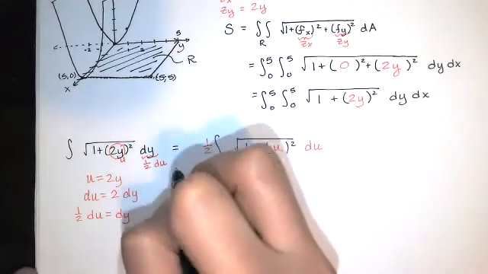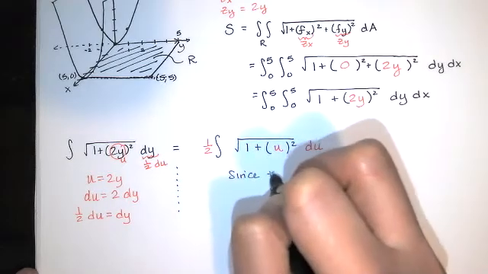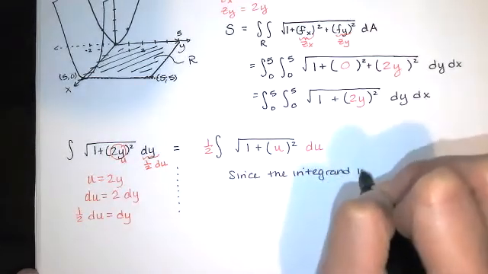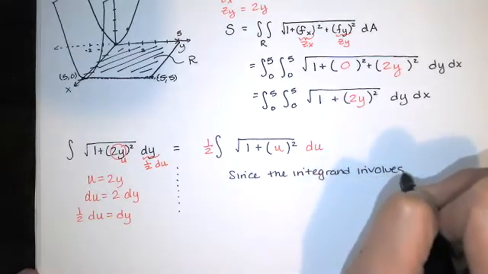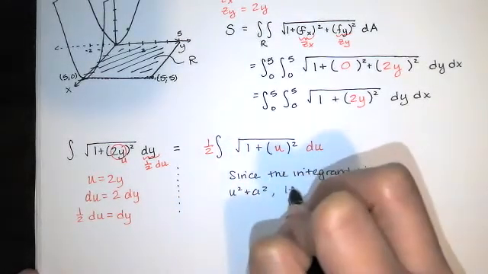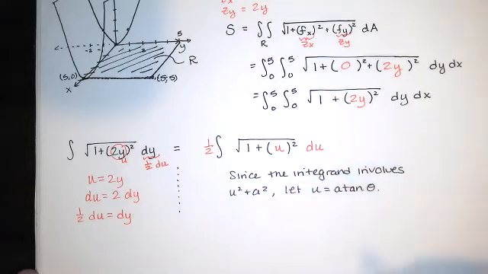So let's write that down. We'll say since the integrand involves u squared plus a squared, we let u equal a tangent of theta to evaluate this antiderivative.